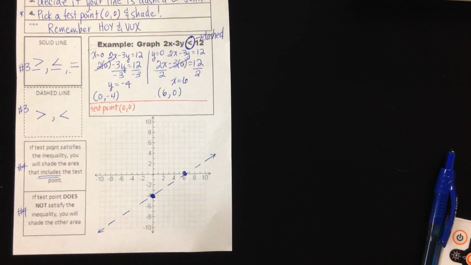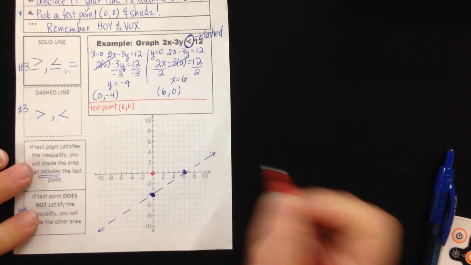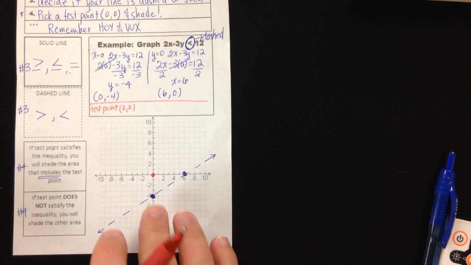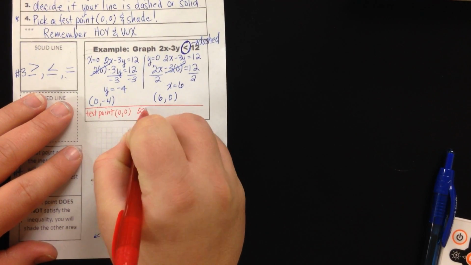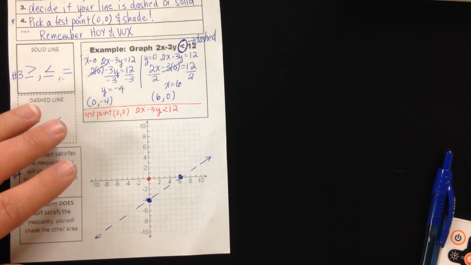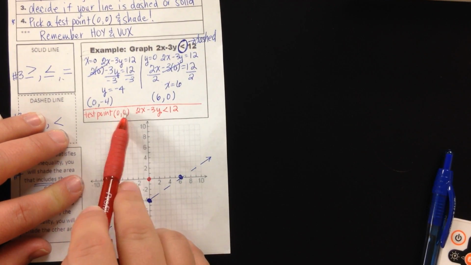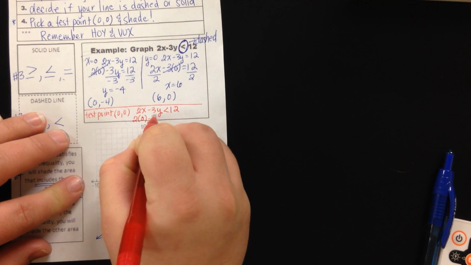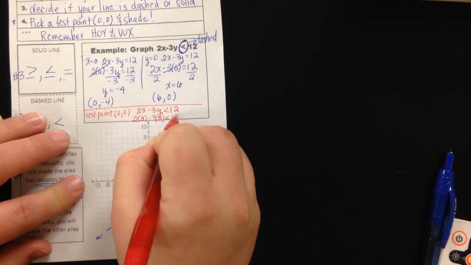It's going to be the easiest, and it's right here. We want to see if this (0, 0) satisfies our inequality. So 2x minus 3y is less than 12 is my inequality. What we're going to do is plug these x and y values into this statement. So 2 times 0 minus 3 times 0 is less than 12.